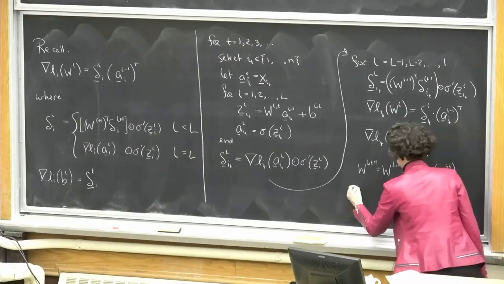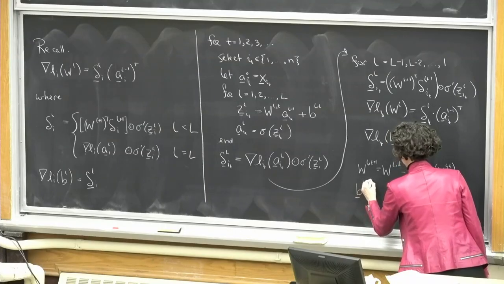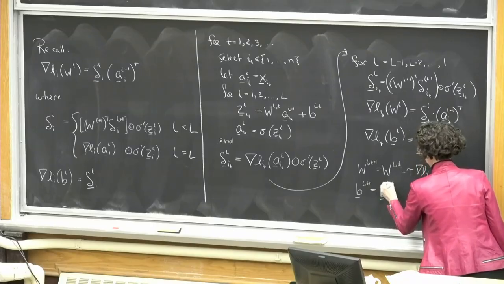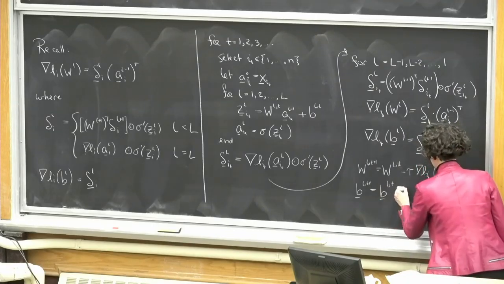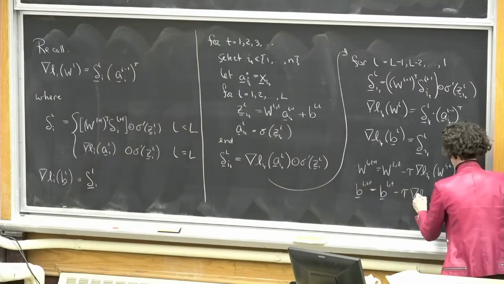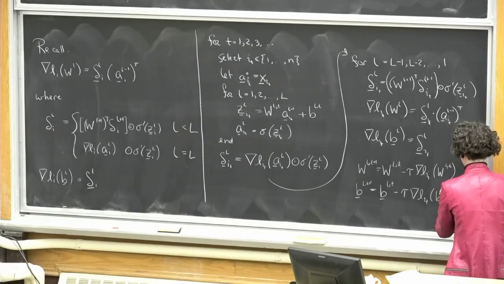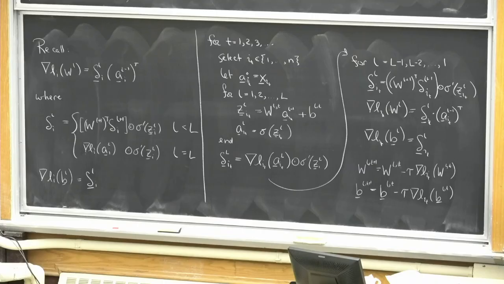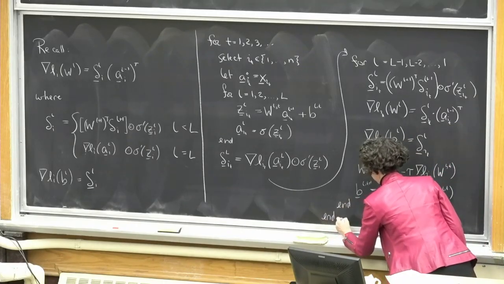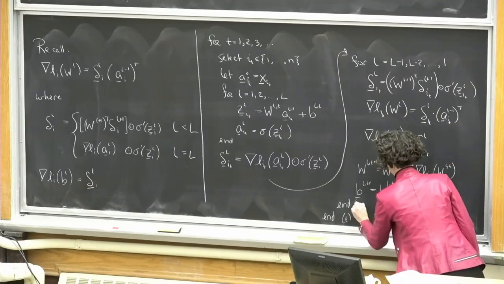And similarly, I can take a stochastic gradient step for my biases B_L. So at iteration t+1, I will have the biases for the same layer at iteration t, and I take a step in the direction of the negative gradient, so minus some tau times this gradient of L_{I_t} with respect to B_L at t. And then I end this pass, ending my iteration with respect to t, and here I'm ending my iteration with respect to L.